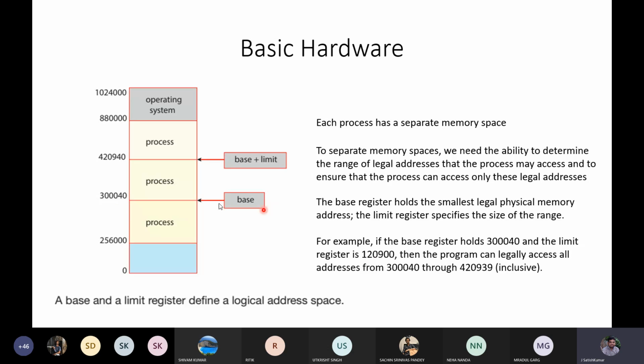So the base address plus the amount of addresses needed, we will add them, and it will take up to 4,20,940. So the address from 3 lakh 40 to 4 lakh 20,940, the address space of all these values belongs to this particular process.